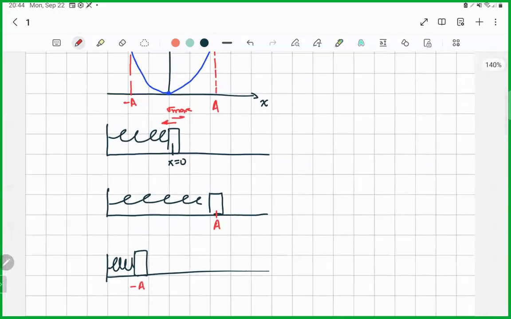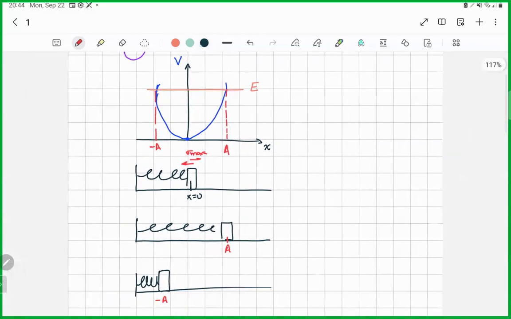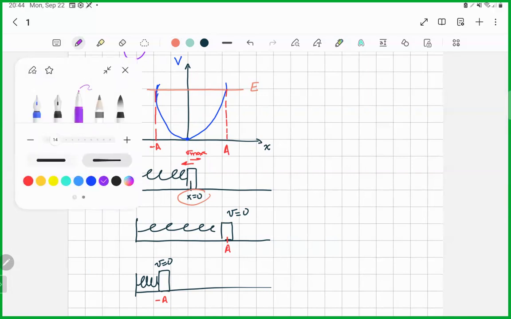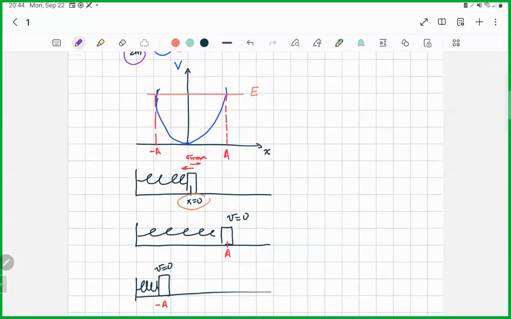So the velocity here is 0, the velocity here is 0, and right at x0, we get the maximum velocity, right? So if now I have to make this plot for the kinetic energy, I know very well, maximum is here, 0 at the extremes. So the plot for the kinetic energy is this one.